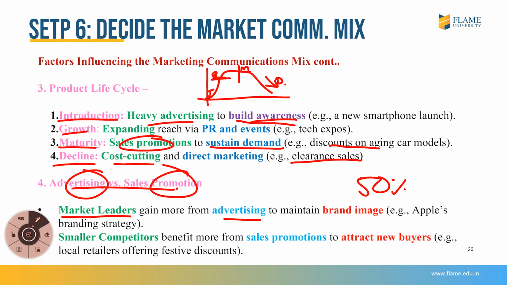They need to spend a huge amount on advertising, and the basic idea is to keep their brand image constant. However, smaller competitors benefit from sales promotion. Their basic idea is to attract new buyers. Example, local retailers offering festive discounts.